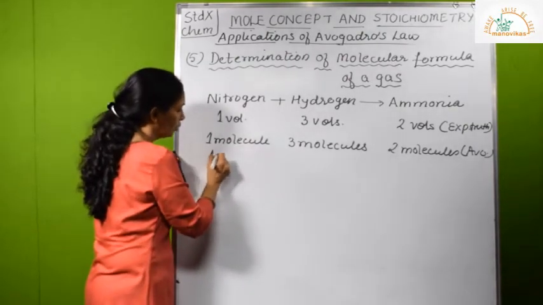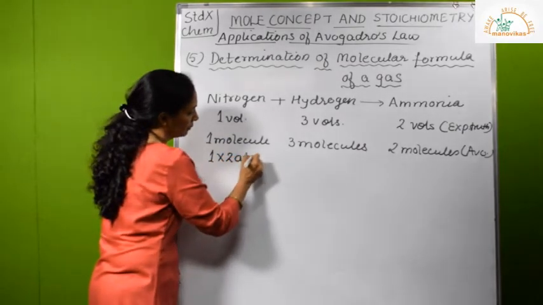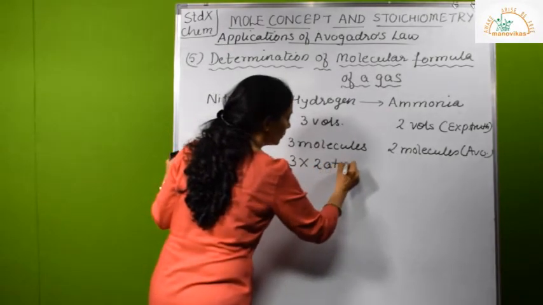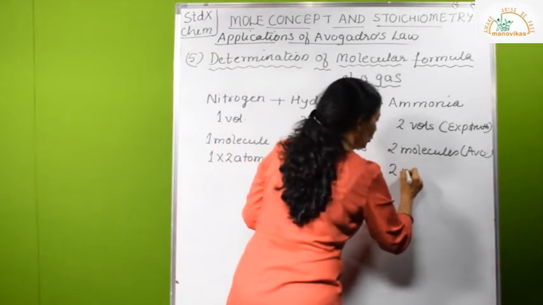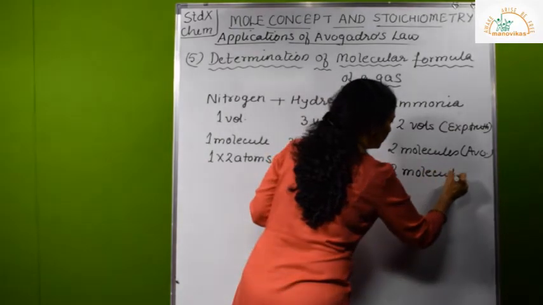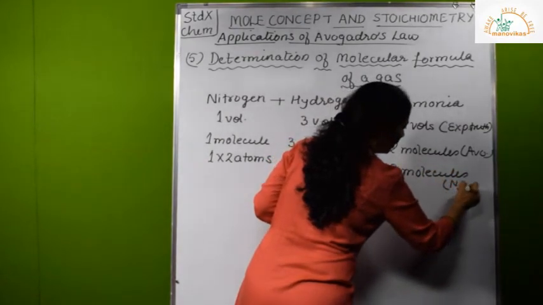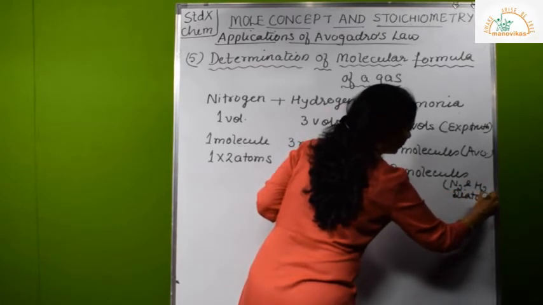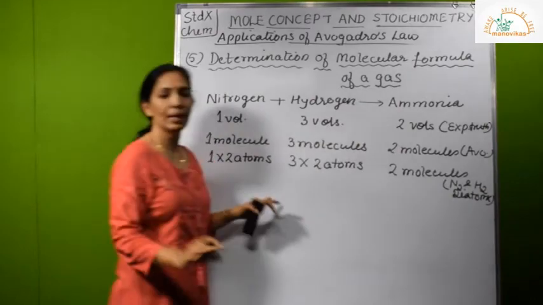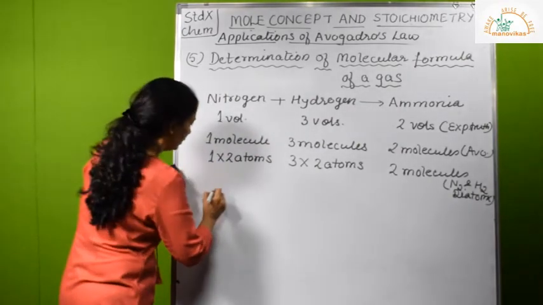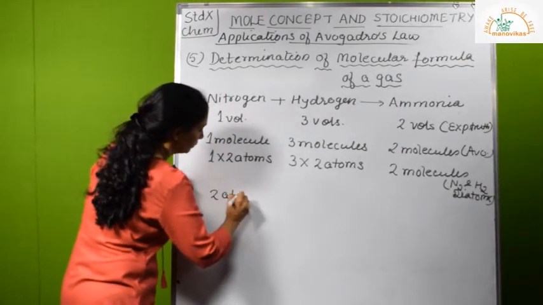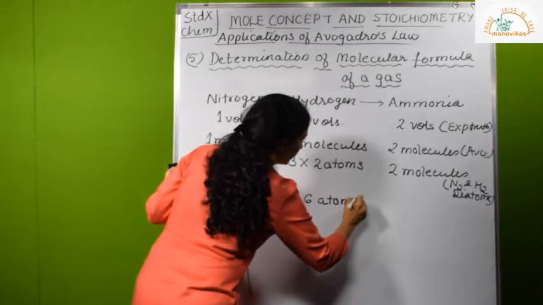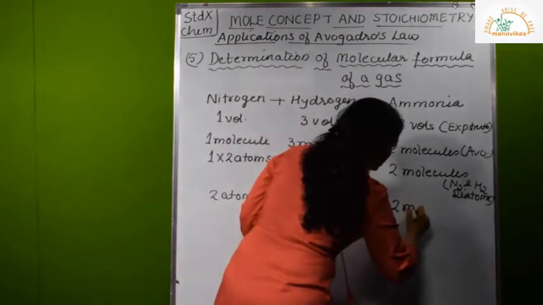So 1 into 2 atoms. Here 3 into 2 atoms. Here we will write 2 molecules, since N2 and H2 are diatomic. Done. Now write the answer. 2 atoms. Here 6 atoms. And here 2 molecules.